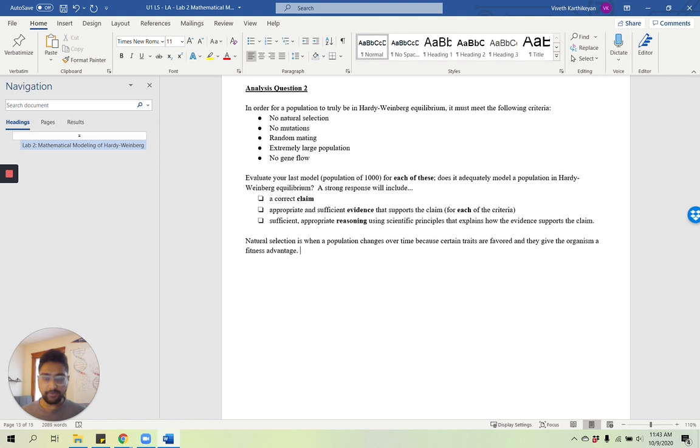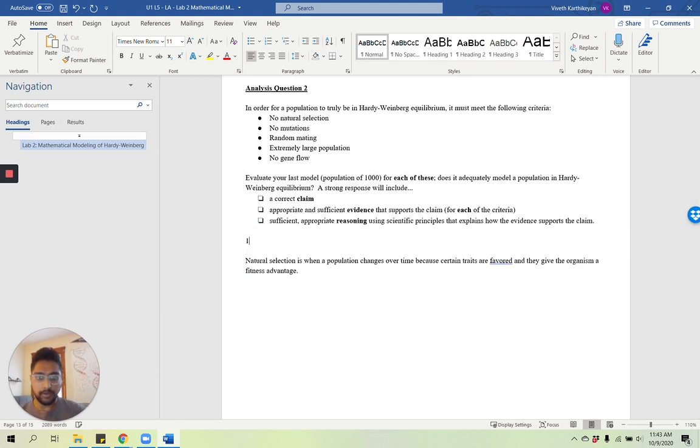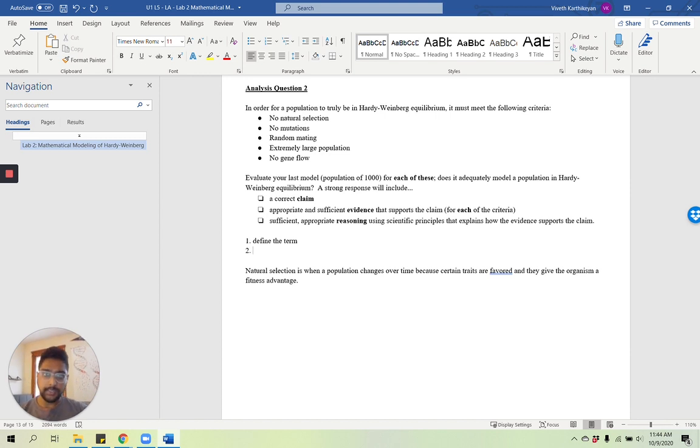Essentially, they're able to survive and reproduce. Whatever your definition of natural selection is, I'm going to first define natural selection. Maybe I can say our first goal, number 1, is define the term. Okay, number 2 is we're going to see, does our model show this?